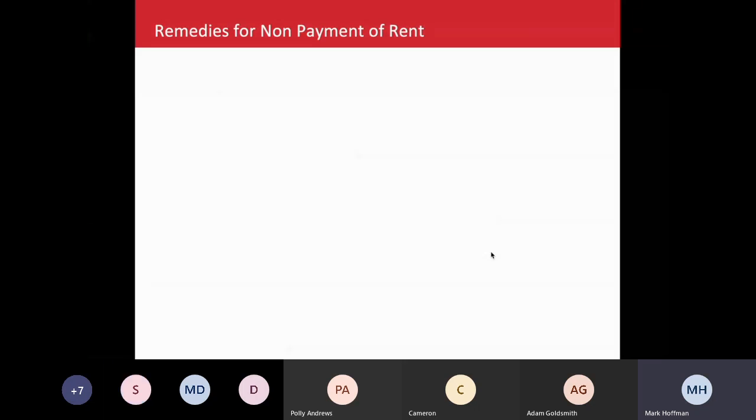What is the strategy? What do you do? I'm talking about from the very beginning, right the way through to the last resort. Let's go through it. What do you think? If you want to answer over the line, switch your microphones on. What's the first thing that you do when you haven't received rent?